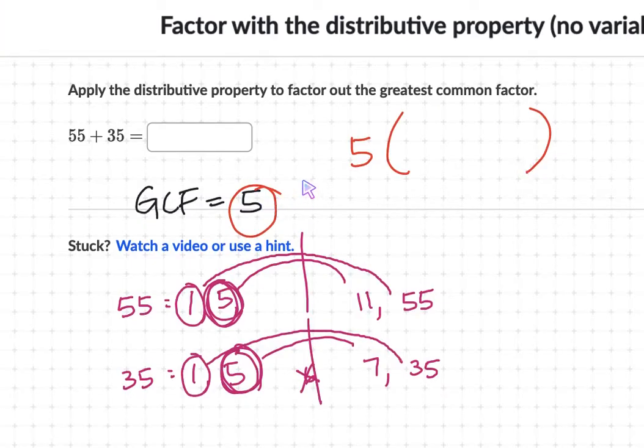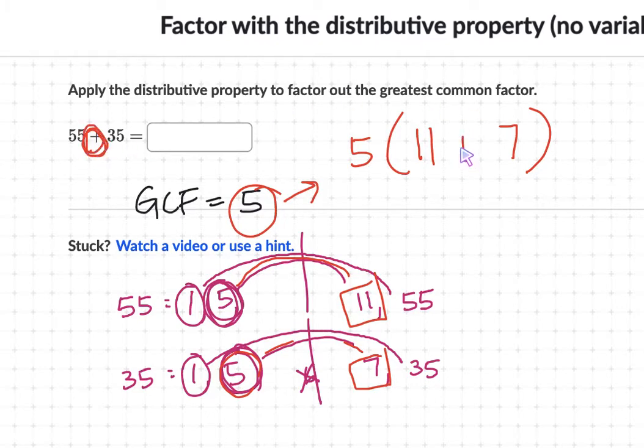So 5 went on the outside, and then we have to write down what numbers got us there. What times 5 got us to 55? 5 was paired up with 11, so 11 goes here. And then 5 also paired up with 7, so 7 goes here. And then our last step was to keep that addition sign. So here's our answer, okay?